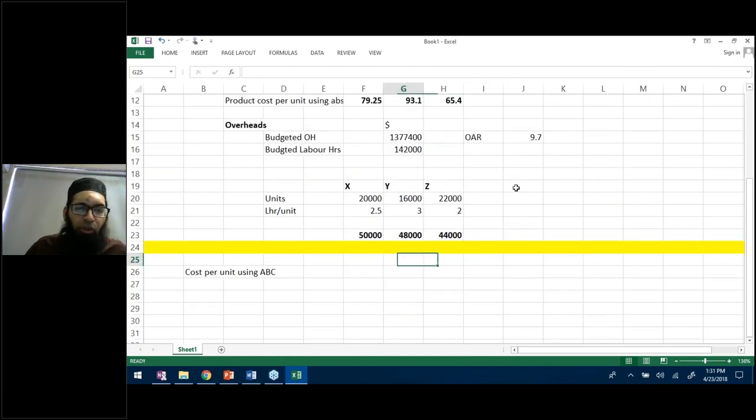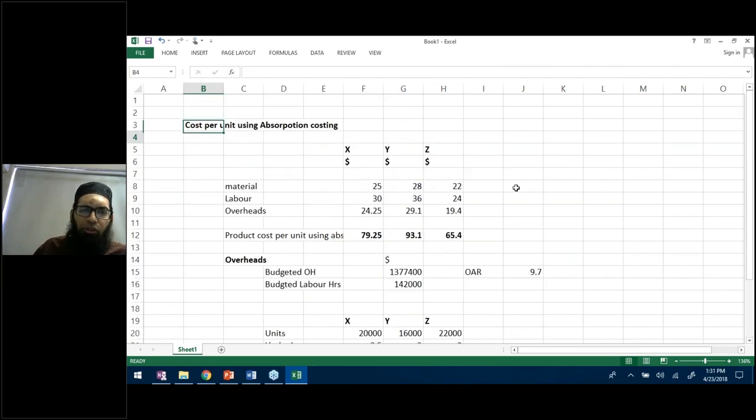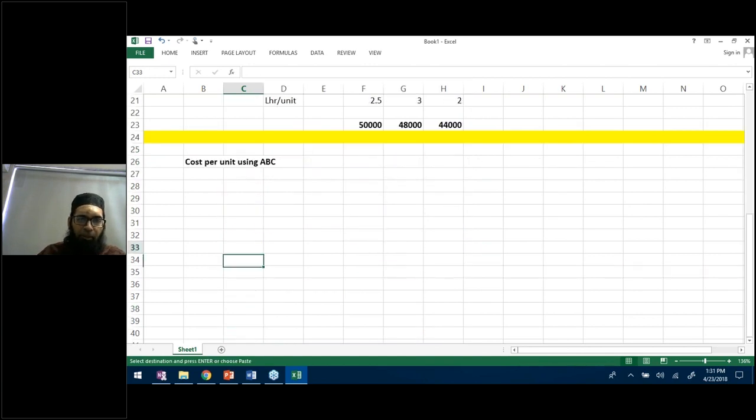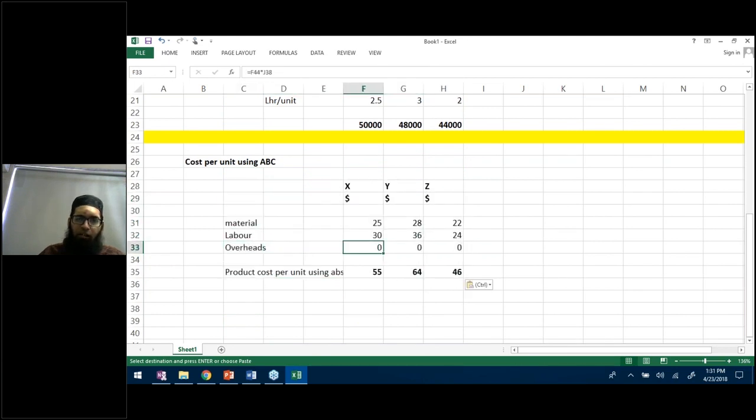Now coming to the cost per unit using activity base. In the exam, the format will be the same, whether you have to use it according to absorption costing or through activity based. So what I'm doing over here, I will simply copy and then paste it. And the only thing I have to do is remove the overheads. This is because the overheads referencing will be different. As far as material and labor is concerned, this is the same.